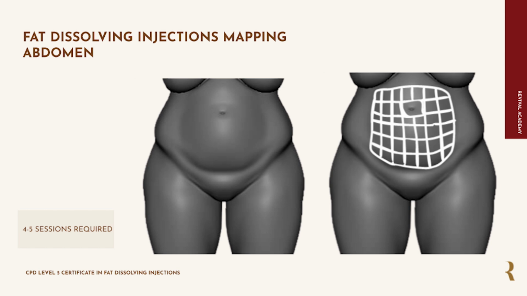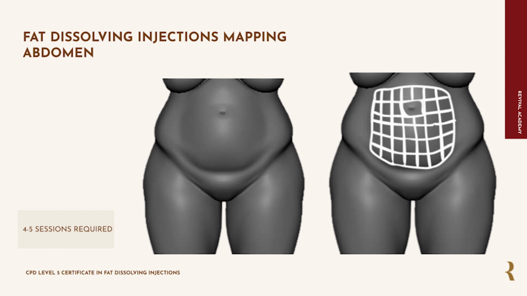You can see we're staying away from the belly button. You cannot inject into the belly button, so you work around it. Each square should be around a centimeter in diameter on each side. Make sure you don't have really small squares and then really large ones, because then your product would not be distributed evenly.